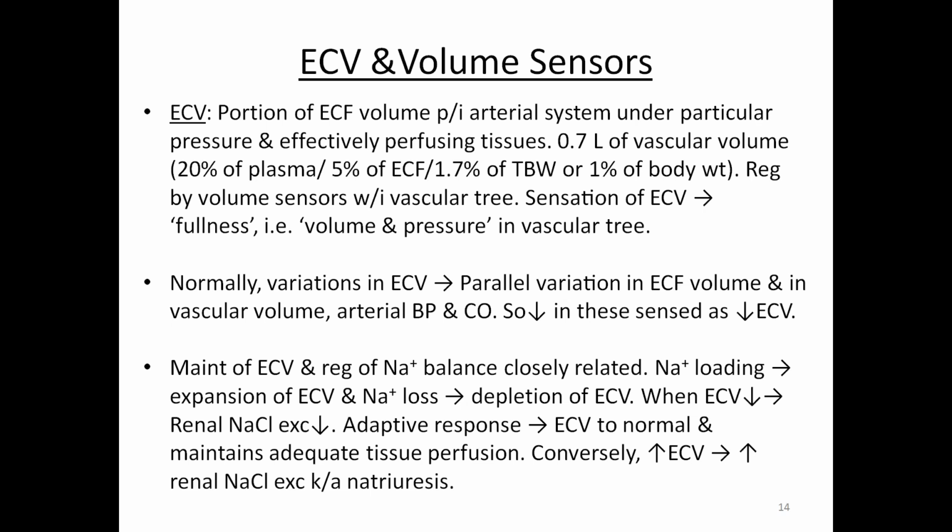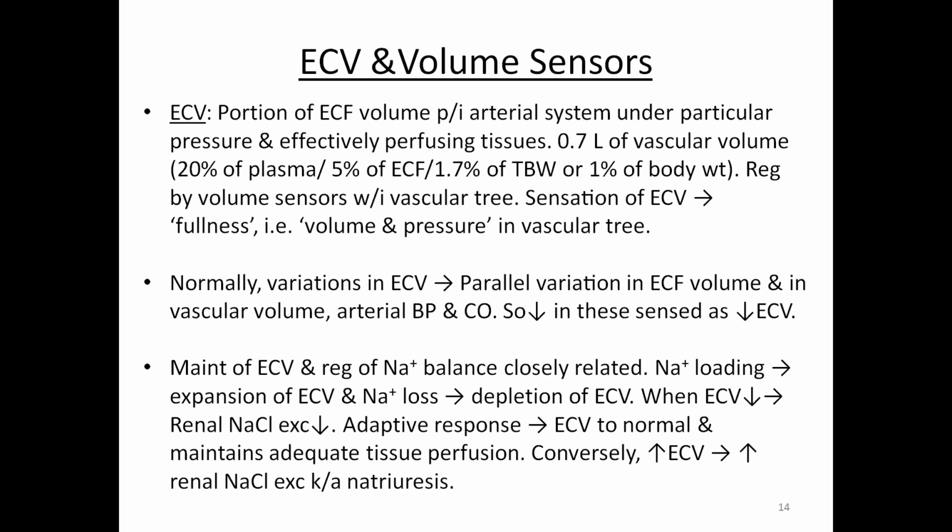In a normal state, the variations in ECV are reflected as parallel variation in the ECF volume and also in the vascular volume, in your blood pressure and cardiac output. What that means is that if there is a decrease in ECF, vascular volume, BP or cardiac output, it will be sensed in the body as a decrease in your ECV.